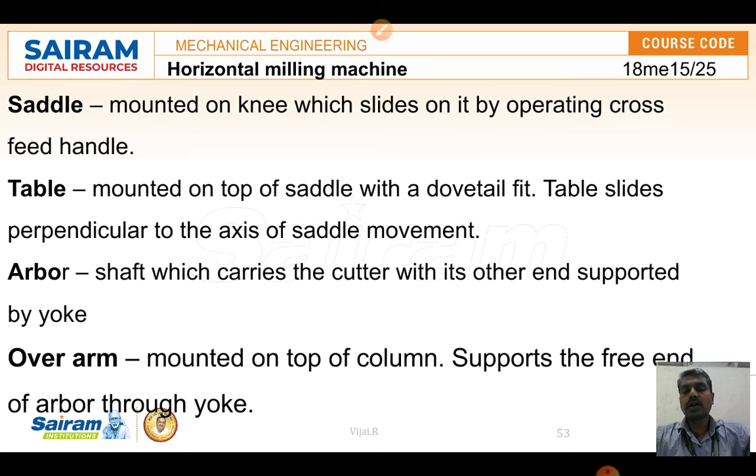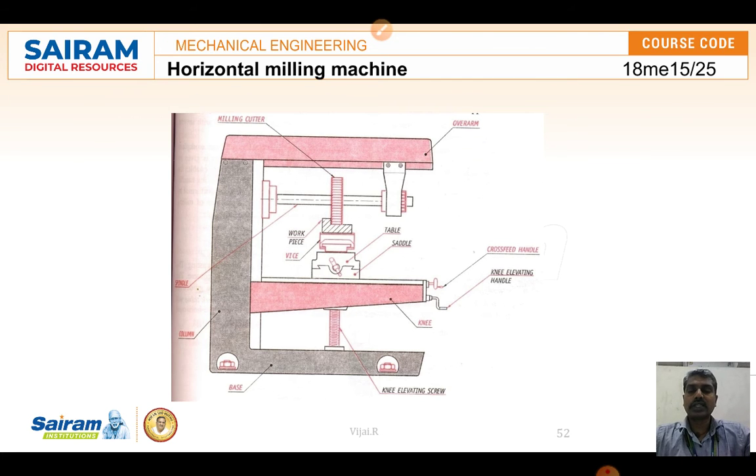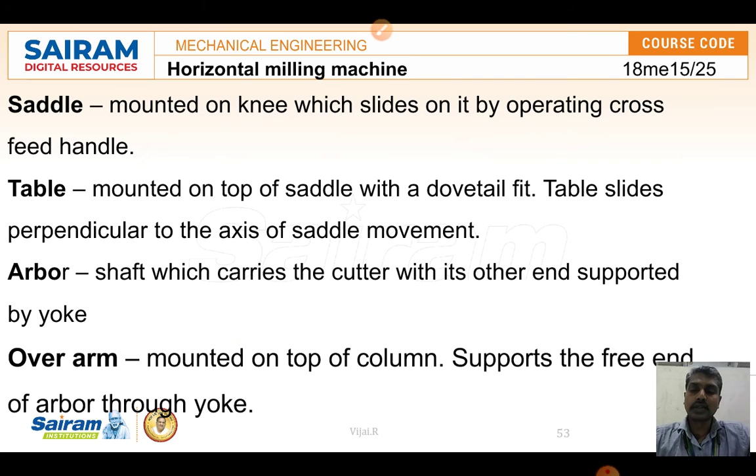In this picture you can see that the milling cutter is located on the arbor. The arbor is a shaft located in the spindle. When the arbor rotates, the cutter located on it is rotated. It can be a horizontal arbor or a vertical arbor, located in the spindle.